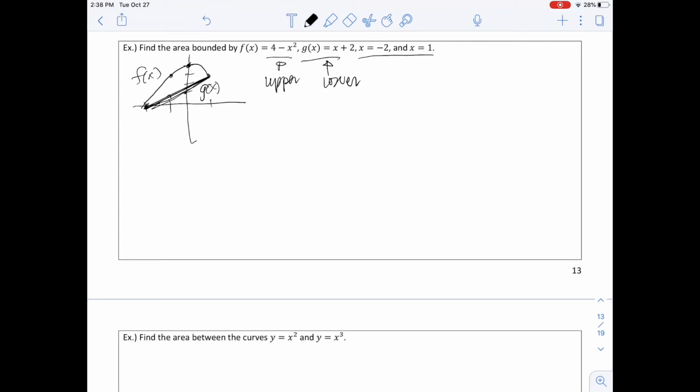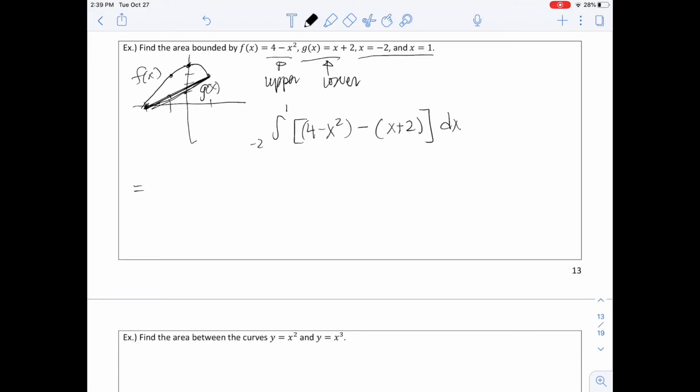So my integral is going to be going from -2 to +1 of, and I'm going to take my upper function, which is f of x, which is 4 minus x squared, and subtract the bottom function, which is g of x, which is x plus 2. Again, making sure to put the functions in parentheses because that negative needs to be distributed to the whole function, and then not forgetting our dx.